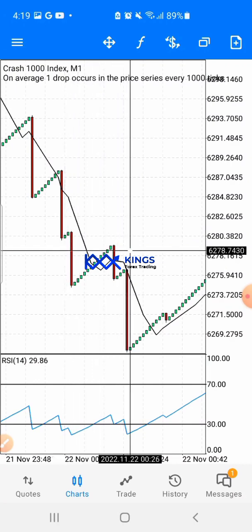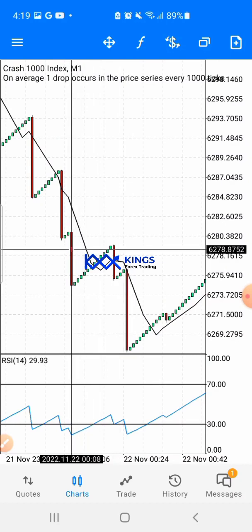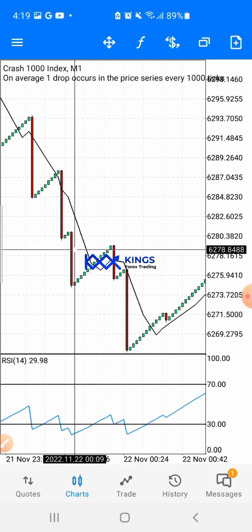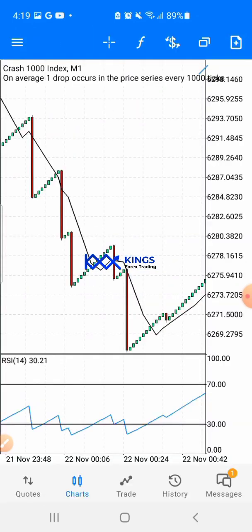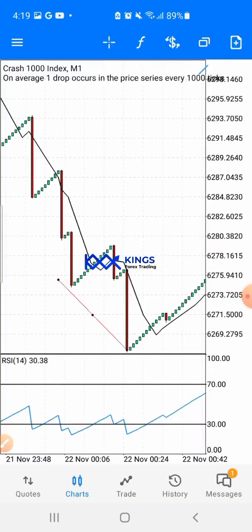Look at the divergence here when you are picking those 10 to 20 candlesticks; it depends on your management or your target. Let me pick a line also and draw. You can see here we have a lower low while the RSI is giving us a higher high.